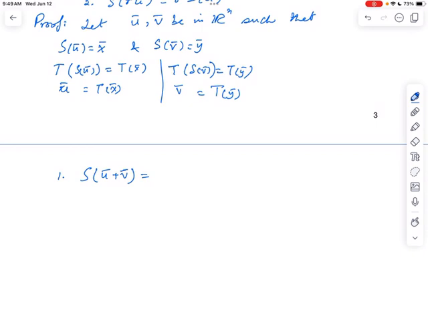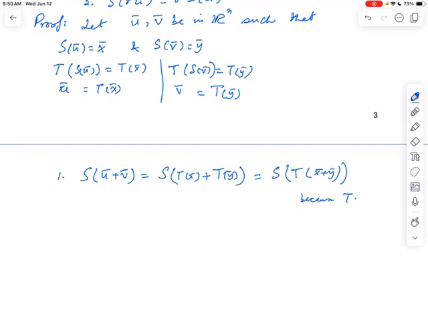So S of u plus v will be equal to S of T of x plus T of y, which is equal to S of T of x plus y. And why is that? Because T is linear.